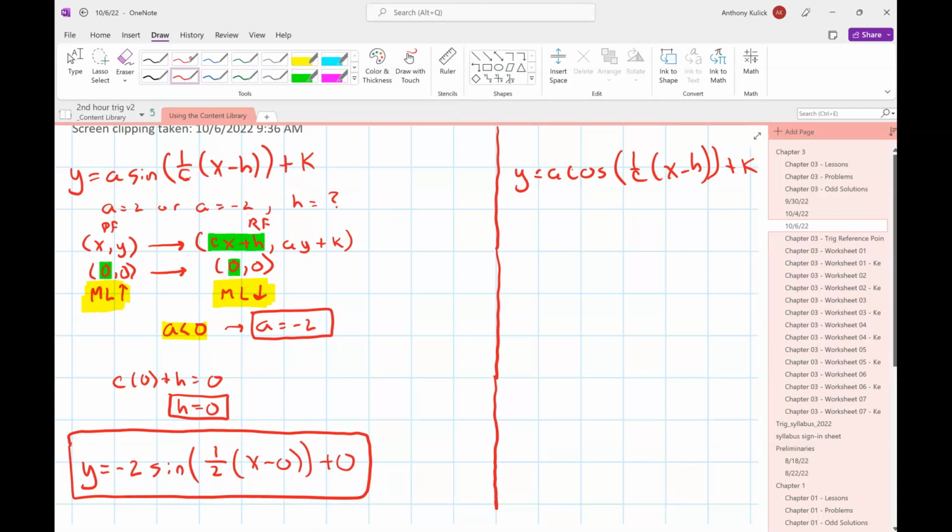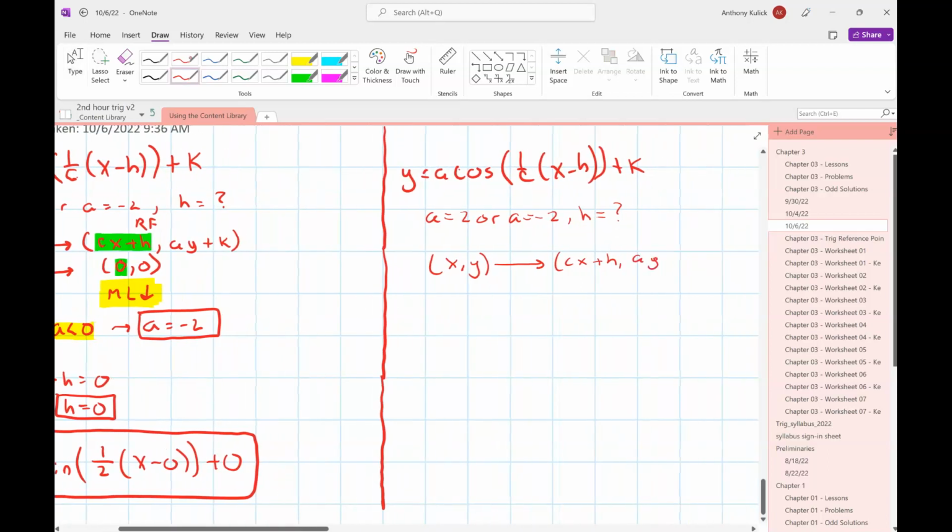The only thing that will be different between my sine graph and my cosine graph will be possibly the sign on A and then the value for H. Everything else is going to stay the same, so I'm still going to be asking myself whether I want A to be positive or negative, and the value for H. I'm going to do this the same way by using my transformation map that I would use to graph a transformation.